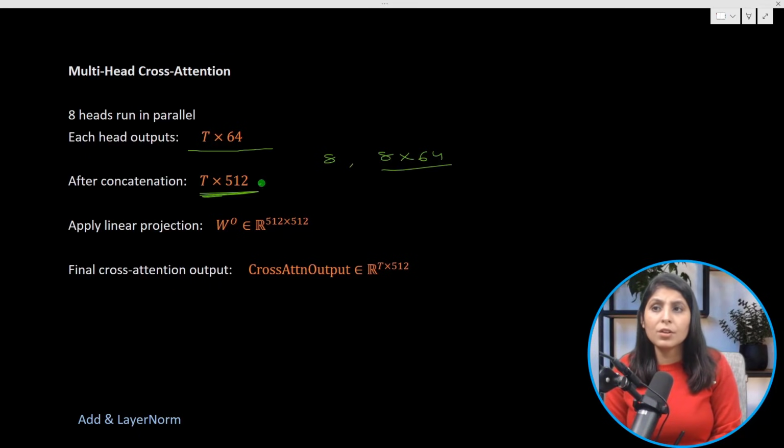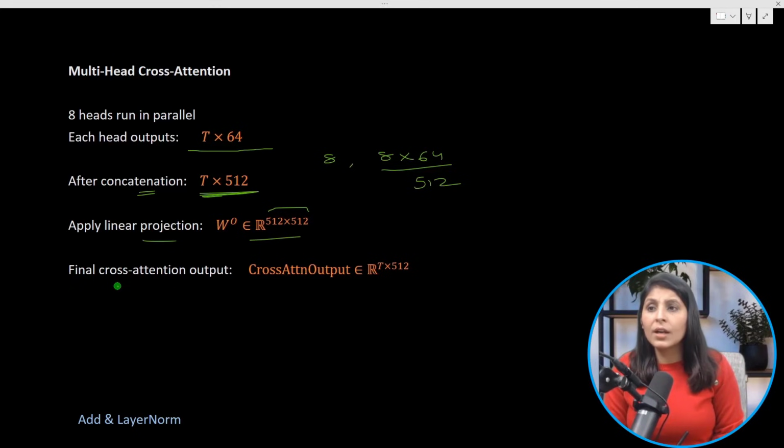If you multiply 8 into 64, you will get 512. So after concatenation, we have one output matrix of size t into 512. Then we use linear projection, and what this weight matrix is and how we got this size, I have explained in the previous video. You can understand it from there.